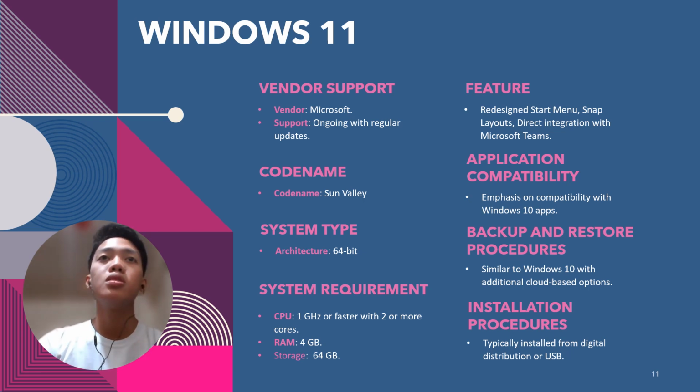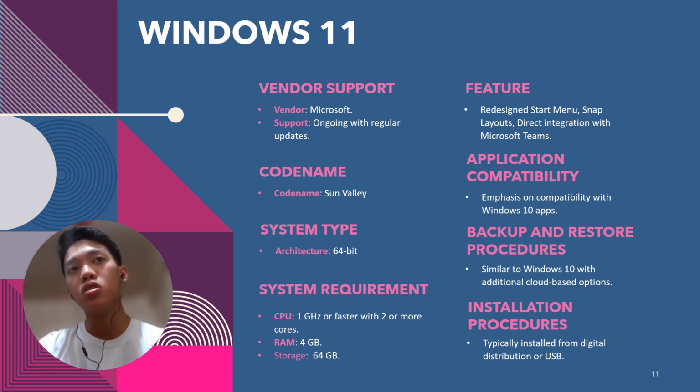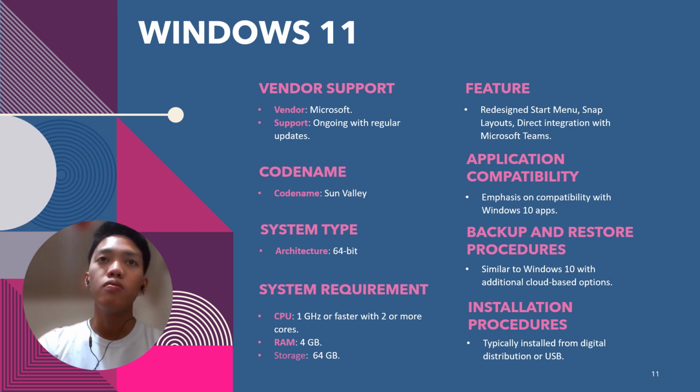System requirements: 1 GHz or faster with 2 or more cores, RAM 4 gig, storage 64 gig. The redesigned Start menu in Windows 11 introduced a centered layout with a focus on simplicity and user customization. Features: we have redesigned Start menu, Snap layouts, and direct integration of Microsoft Teams.